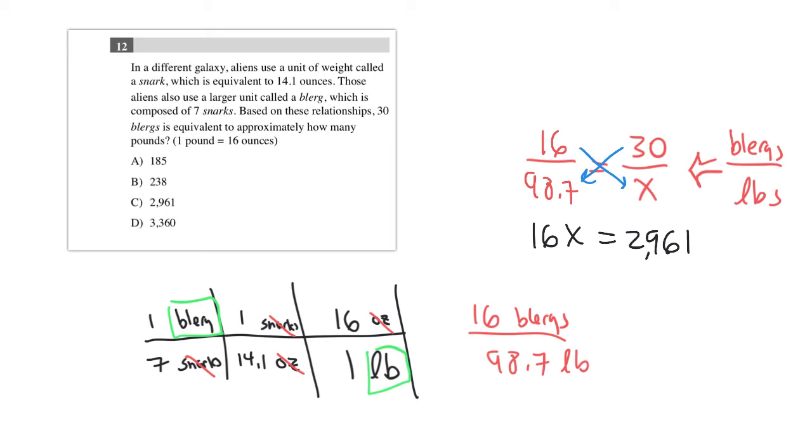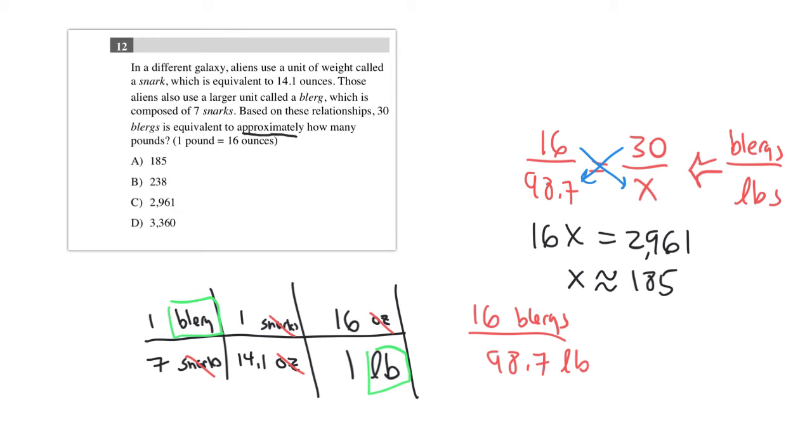Dividing both sides by 16 would give us approximately 185. So I'll get rid of these and use the approximation symbols. And that should be allowed because they did ask approximately how many pounds.